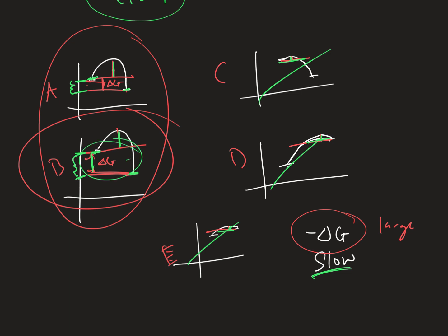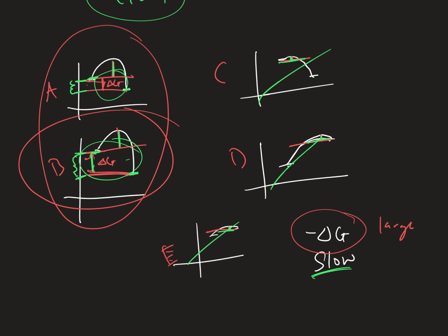This one has a larger negative delta G. This one's a smaller negative delta G. Good? Does it make sense? When you have a larger delta G... No. Nope.